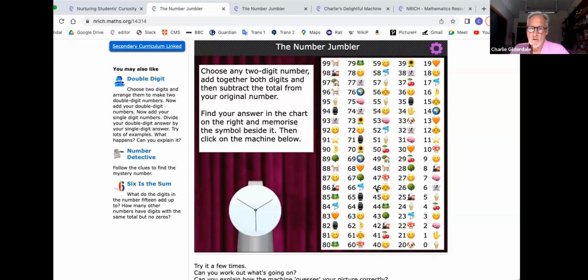So the first time, all the multiples of 9 were ice creams, the second time, all the multiples of 9 were sunflowers, and this time on my screen, all the multiples of 9 are smiley faces, including a few numbers like 59, which are not multiples of 9.